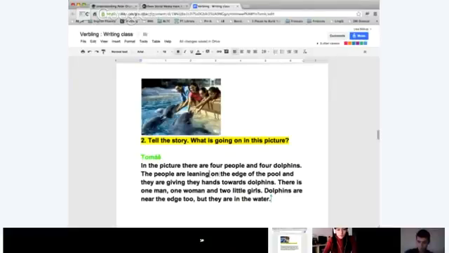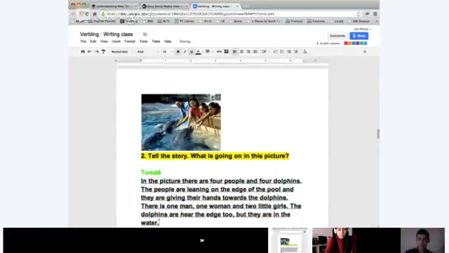The people are leaning on the edge of the pool, and they are giving their hands towards the dolphins. There's 1 man, 1 woman, and 2 little girls. The dolphins are near the edge too, but they are in the water. Okay, good. Any questions? No.